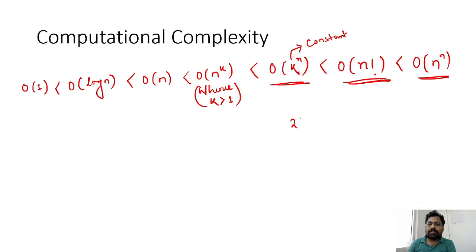Constant means you can take the value 2, 3, or 4, but the constant should be more than 1, and this must be satisfied. Then only can we say it is exponential for us. Exponential.